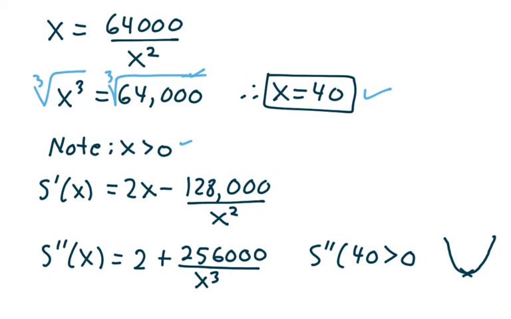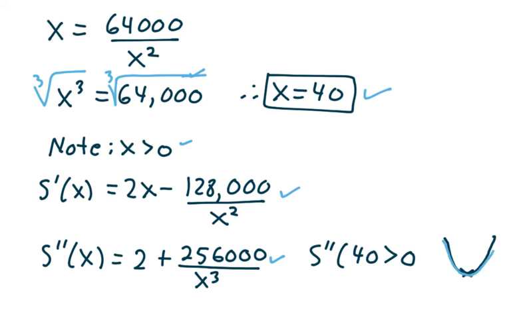Now, again, I'm going to go for the second derivative test. S prime of x is equal to 2x minus 128,000 over x squared. Take the second derivative, I get s double prime of x is 2 plus 256,000 over x cubed. If I plug 40 into the second derivative, it's positive, and so I'm thinking concave up.